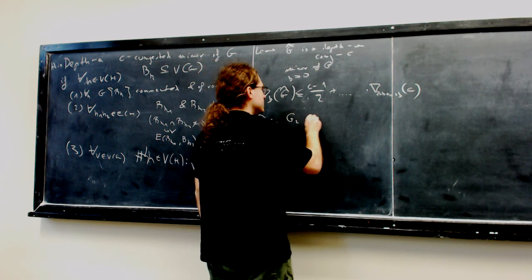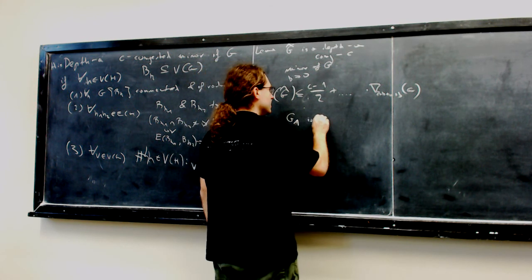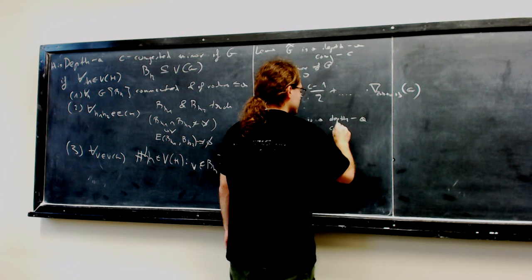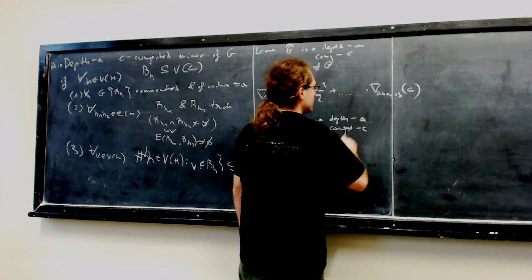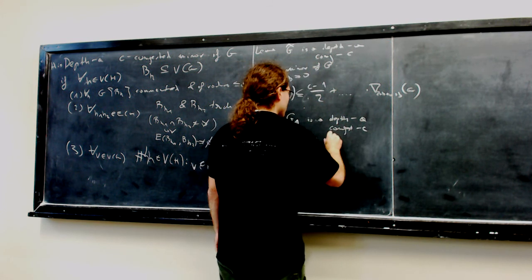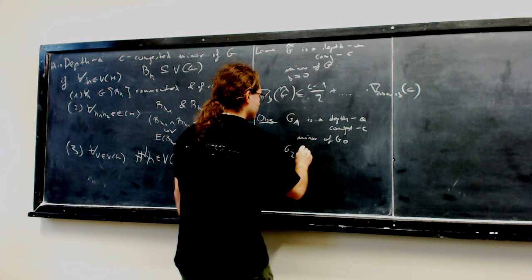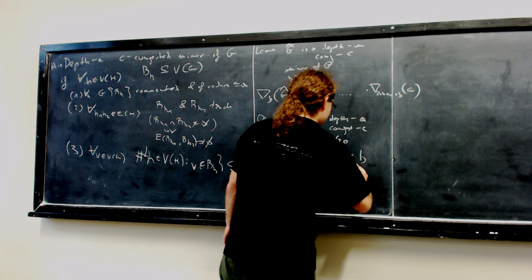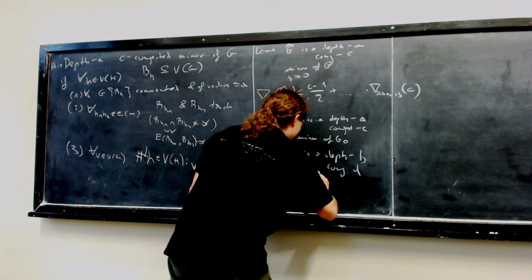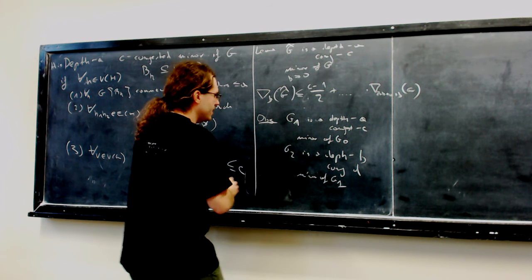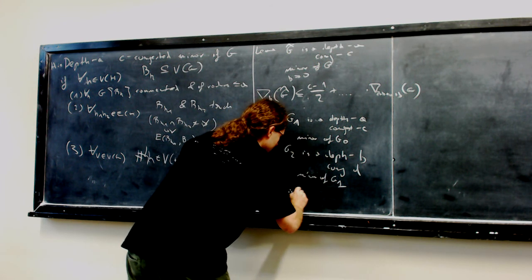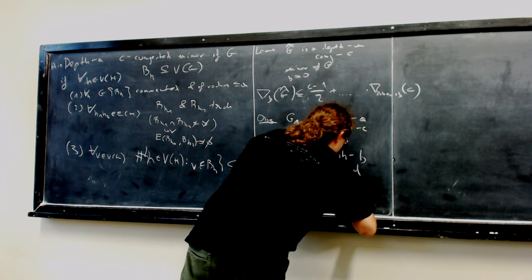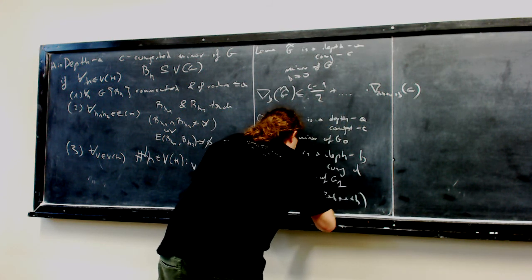You can verify it, but if G2 is a depth A congestion C minor of G1, a minor of G0, and G2 is a depth B congestion D minor of G1, then actually G2 is, with depth as before, 2AB plus A plus B, and congestion multiplies.